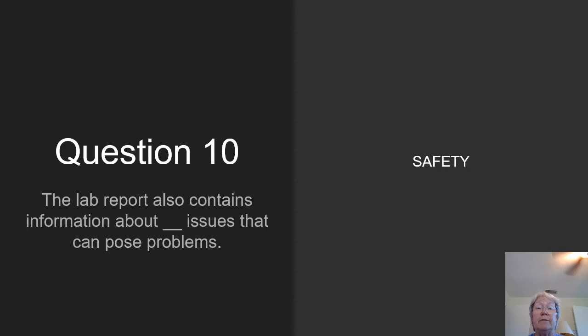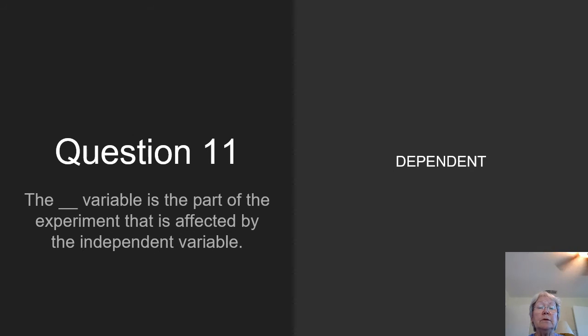Question number 11. A different variable. The variable that is the part of the experiment that is affected by the independent variable, that is the dependent variable. And sometimes there is more than one dependent variable. So in other words, you get more than one thing affected by the independent variable.